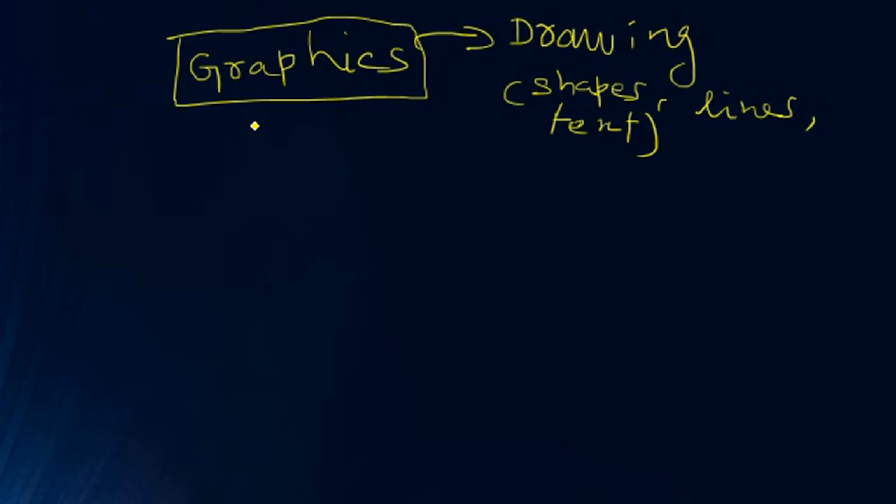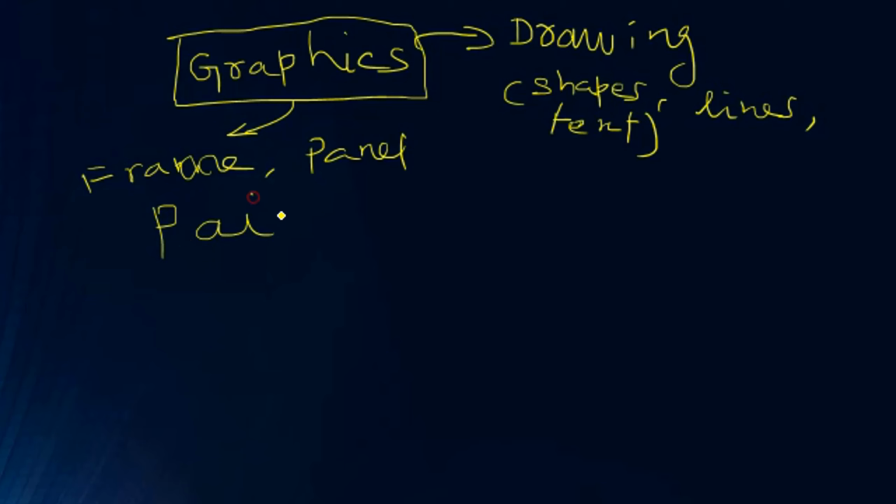The containers, for example a window, a Java frame, then a panel, and applet is outdated, all support a method called paint. This paint method receives a graphics object, let's say g.